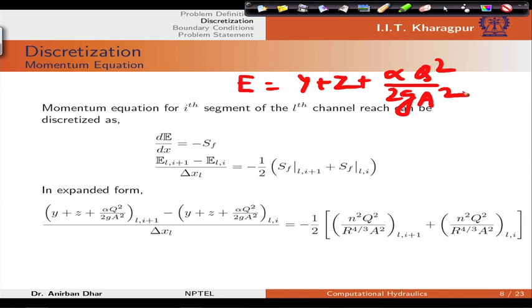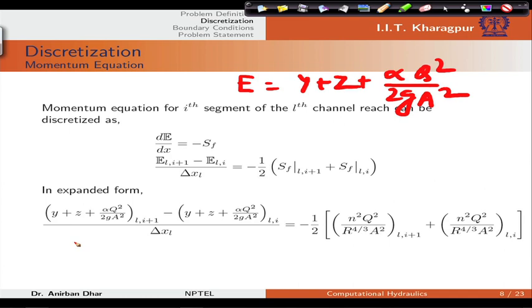Now, in this case we have a number of terms, but if we closely consider the parameters and different variables, we can easily identify the unknown variable.